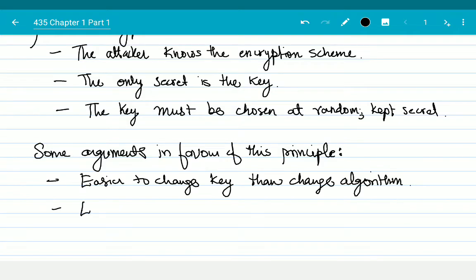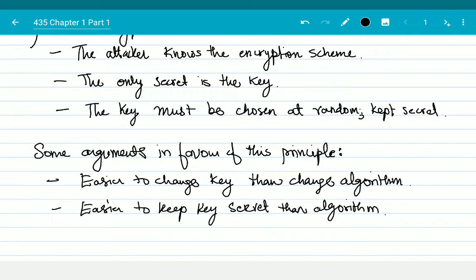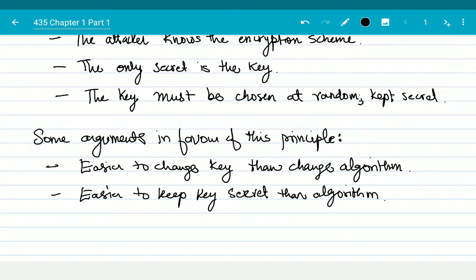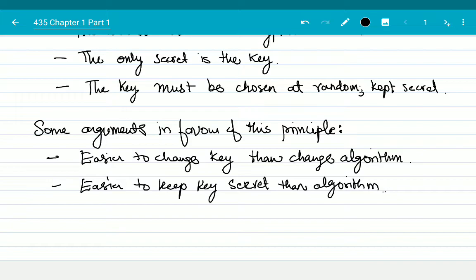It is also easier to keep the key secret than the algorithm. Now, this statement requires some explanation. What does it mean by easier to keep my key secret than my algorithm? Well, you would say that, hey, it takes more effort to say out the entire algorithm than just say out the random key, right? But no. So historically, how was encryption used?